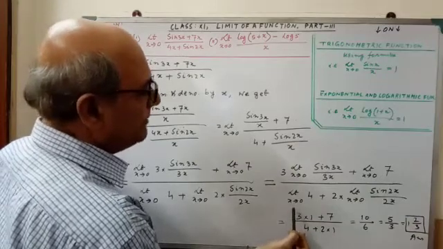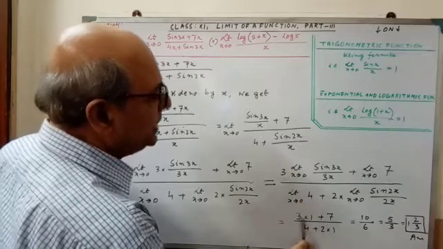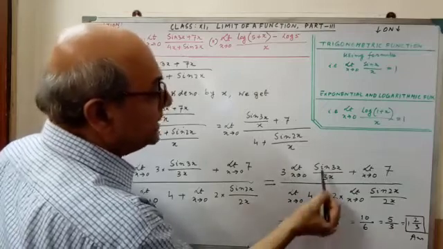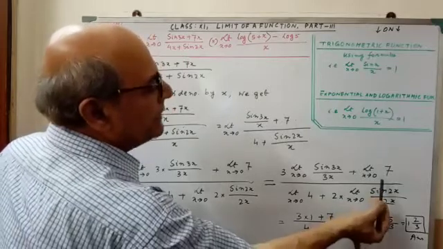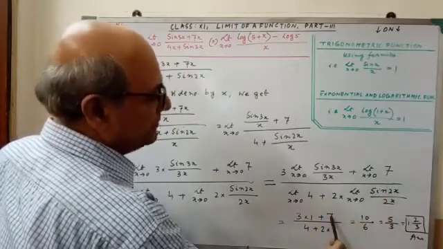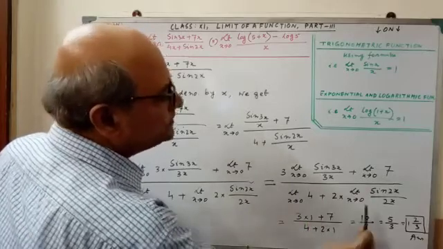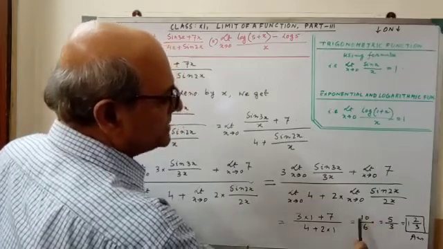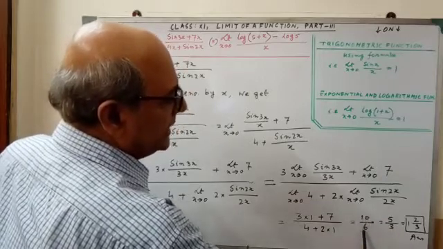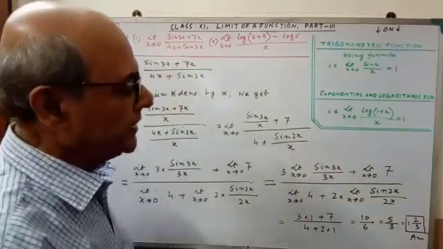When we are applying the formula, then we will not write the limit. So 3 into 1, in place of this we have to write 1, and the limit of a constant is the same, that is 7, divided by the limit of a constant, that is 4, and limit x tends to 0 is also 1. By simplification, we are getting 10 by 6 equals 5 by 3 equals 1 and 2 by 3.